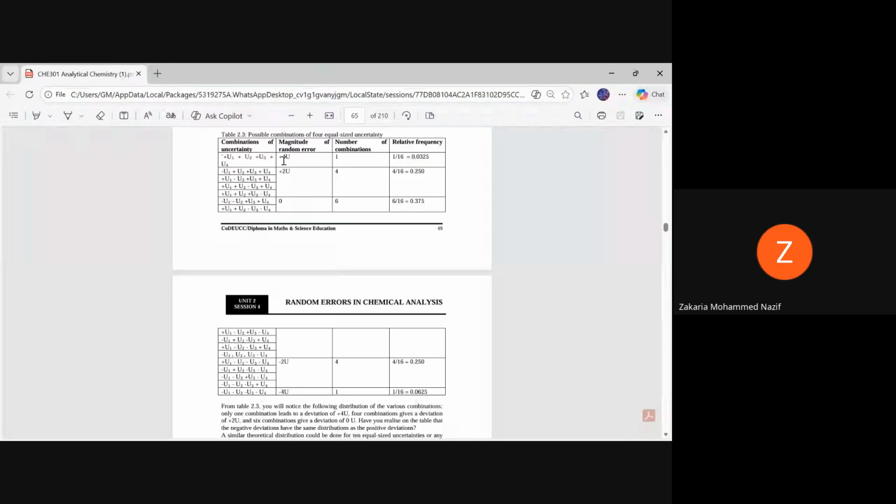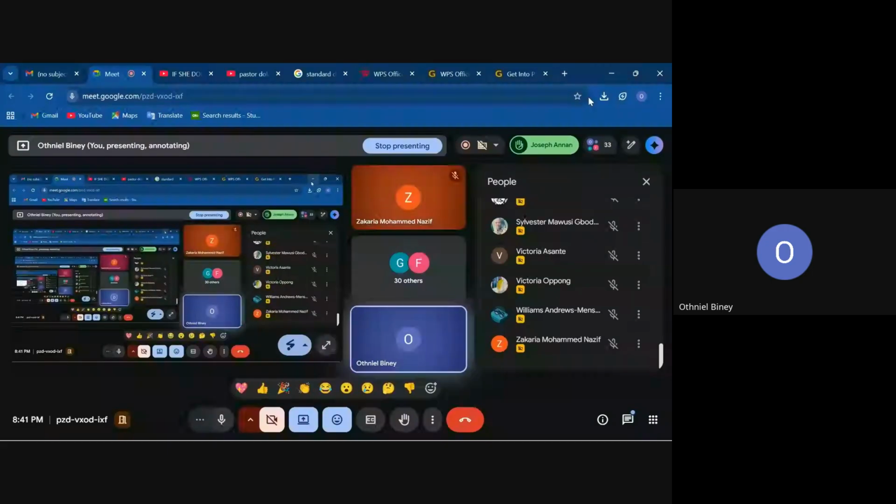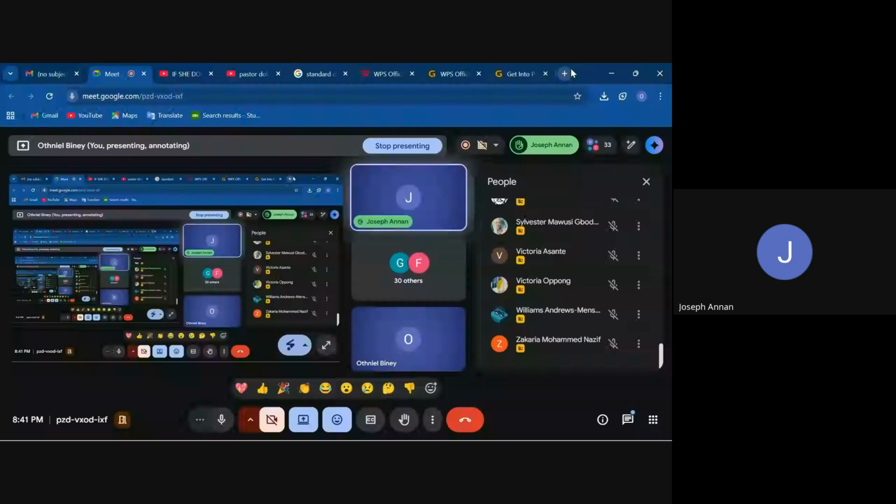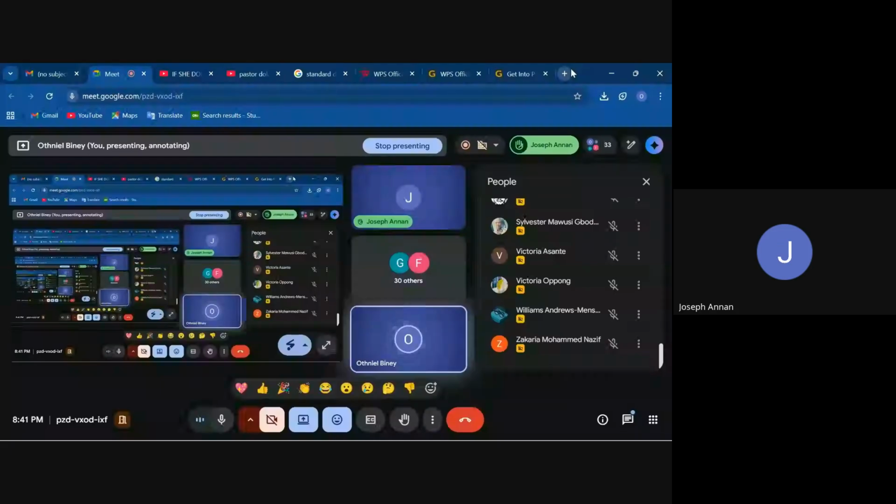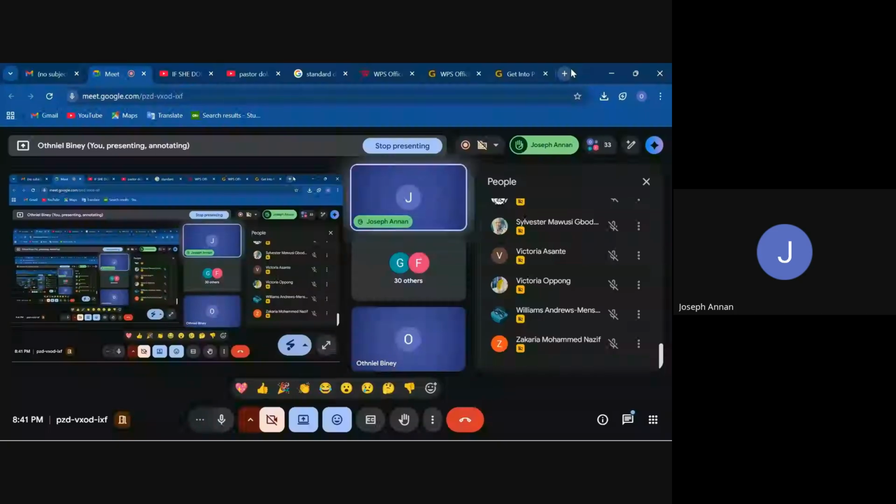So that's how we got the 4U here. Are you okay? Mr. Joseph, your hand is up. Sir, it means that we are not going to consider the numbers as subscripts of the U, like U1 plus U2, the numbers attached to the U?